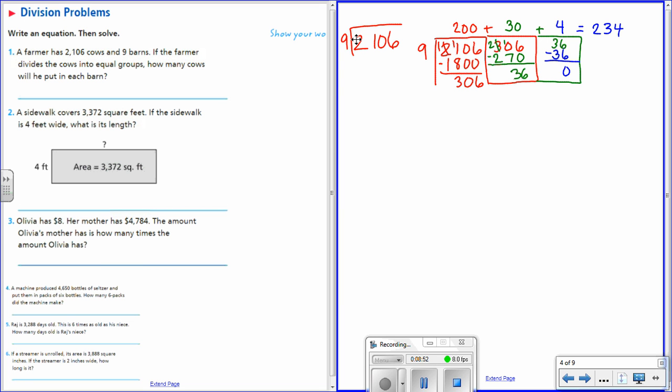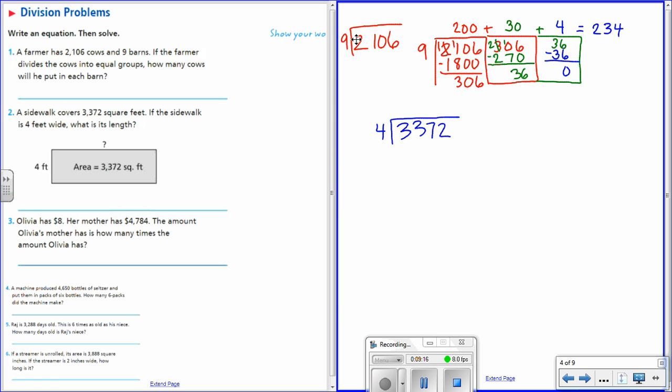A sidewalk covers, so this is an area one, number 2, 3,372 square feet. If the sidewalk is 4 feet wide, what is the length? So this is kind of like that first one we did today, 3,372 divided by 4.